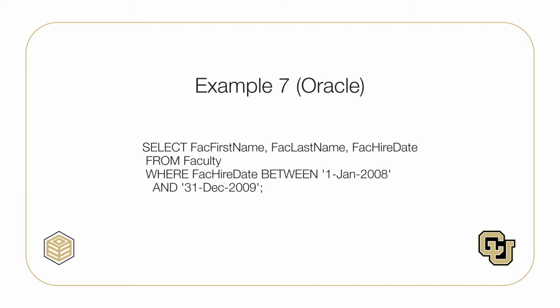In Oracle SQL, the standard date format uses a 2-digit day, a 3-letter month abbreviation, and a 4-digit year. In MySQL, the standard date format is the 4-digit year, 2-digit month, and 2-digit day.